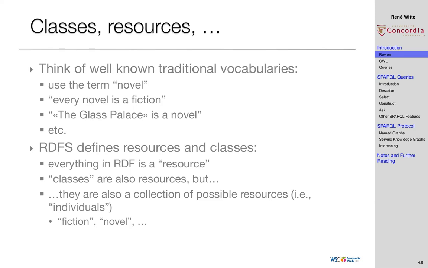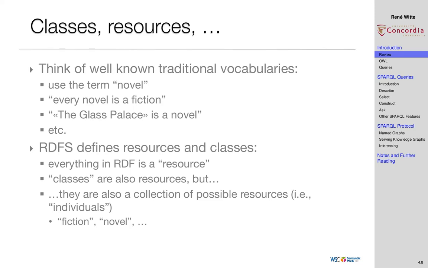So again, one of the interesting things is that this is again defined using triples. So both the data is a triple and the vocabulary about the data is a triple. And that's quite elegant because if you have a large collection of triples and you want to understand it, you can just add the triples that are coming from the vocabulary from RDFS to it and use it to interpret the data.